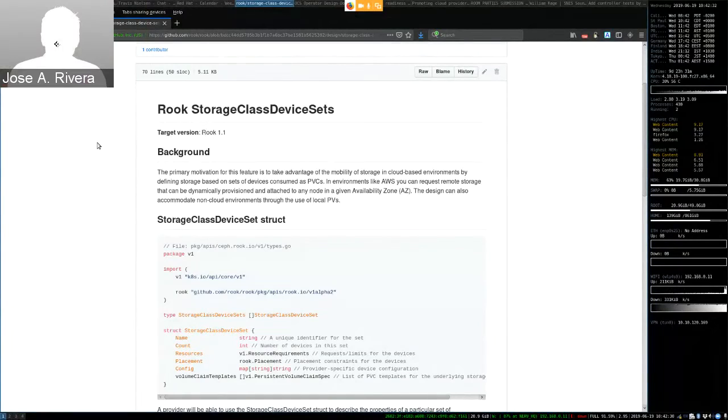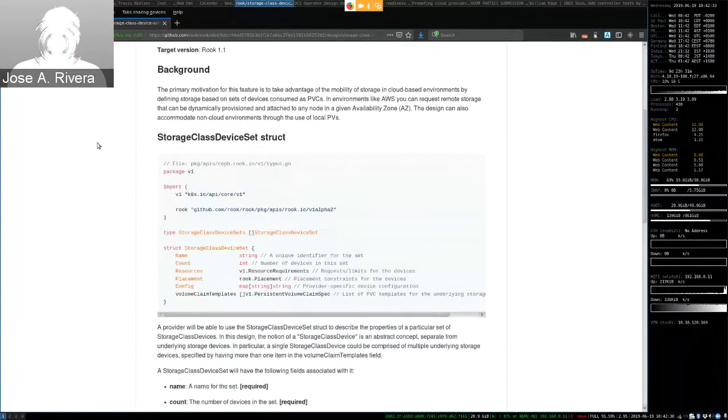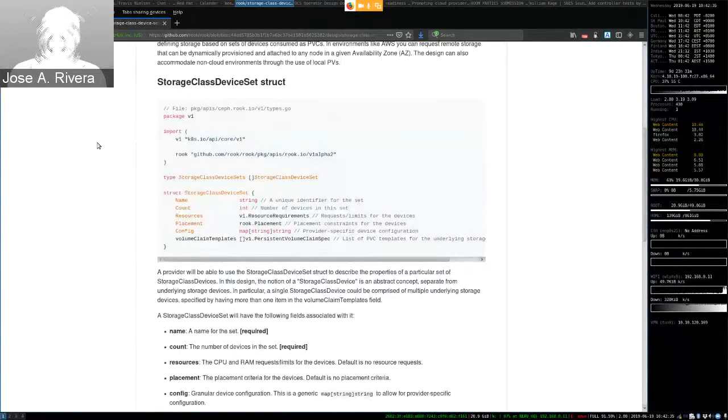Yes. All right. So I'm not going to go through this verbatim. I'm just going to go straight to the struct. There was a request from Jared to make this something that can be reused across operators in Rook.